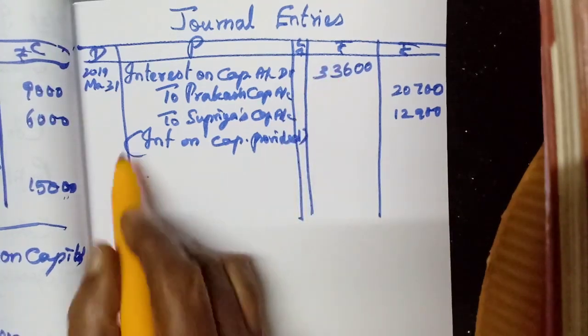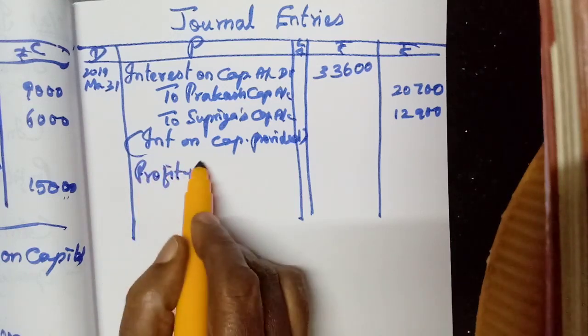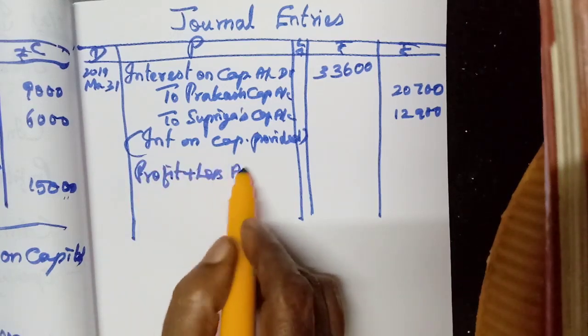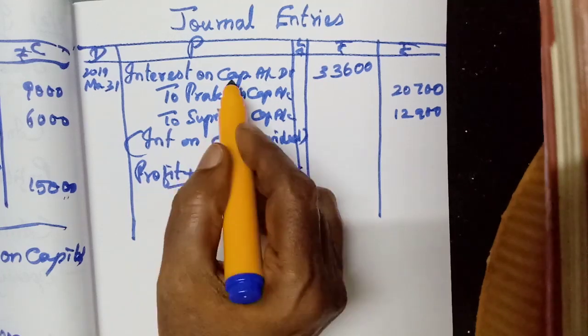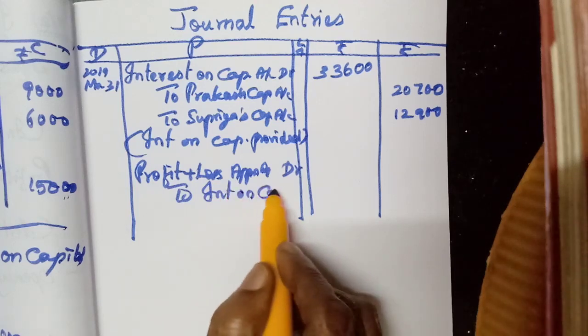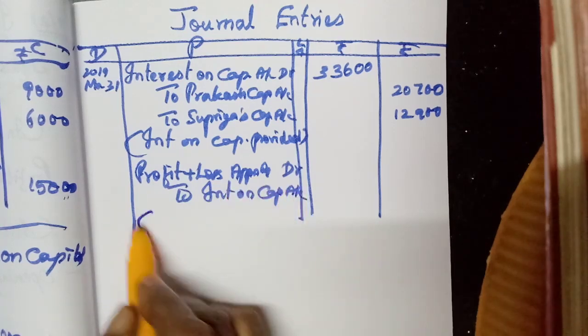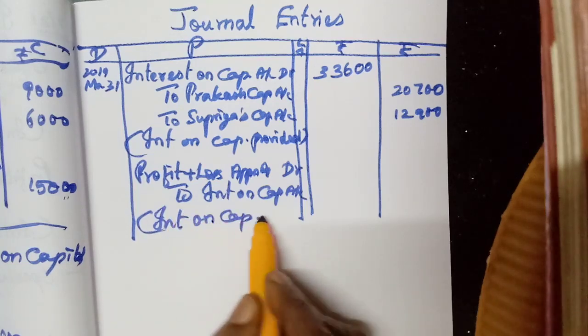33,600. Then second entry: profit and loss appropriation account debtor to interest on capital account. Interest on capital transferred.